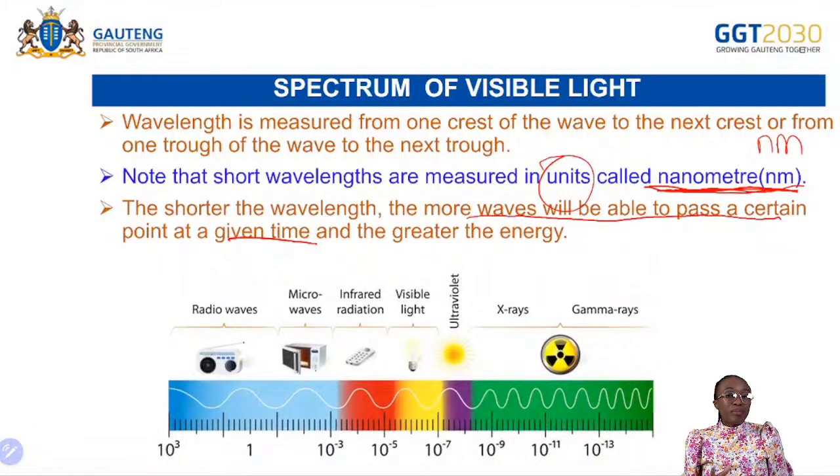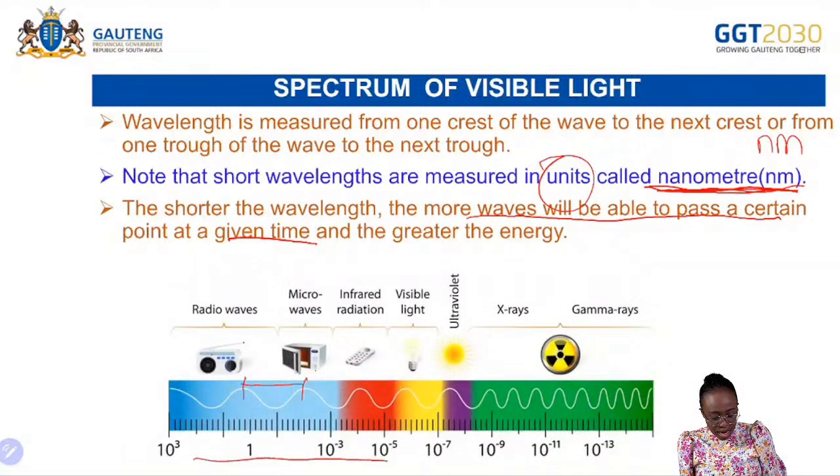So here are some examples of different waves that we meet from time to time. We've got radio waves, the ones that send your signals all the way to your radio. They have quite a long wavelength, but when you move towards my right, which is your left, the waves become shorter and shorter.